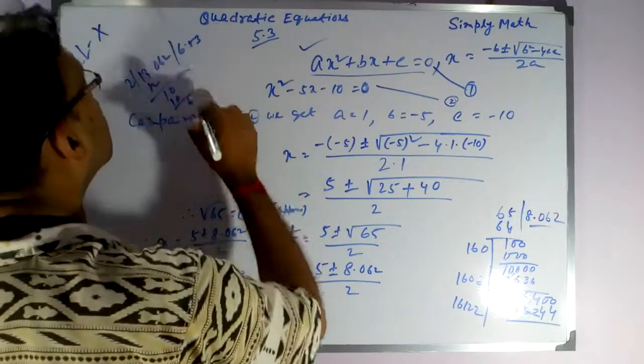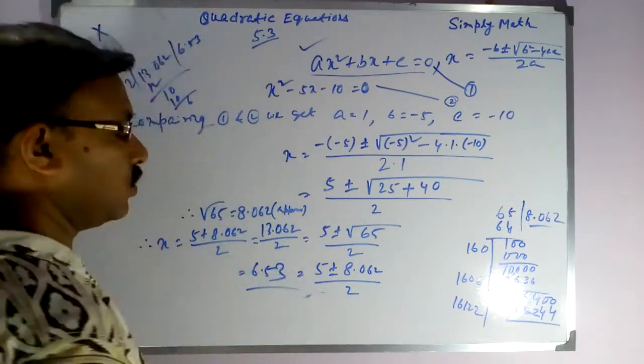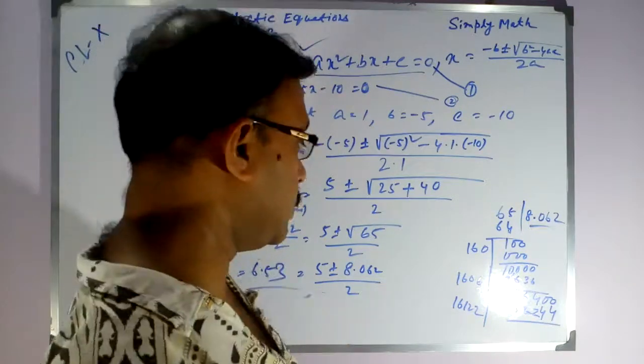To two decimal places, that means 6.53. That is one solution.